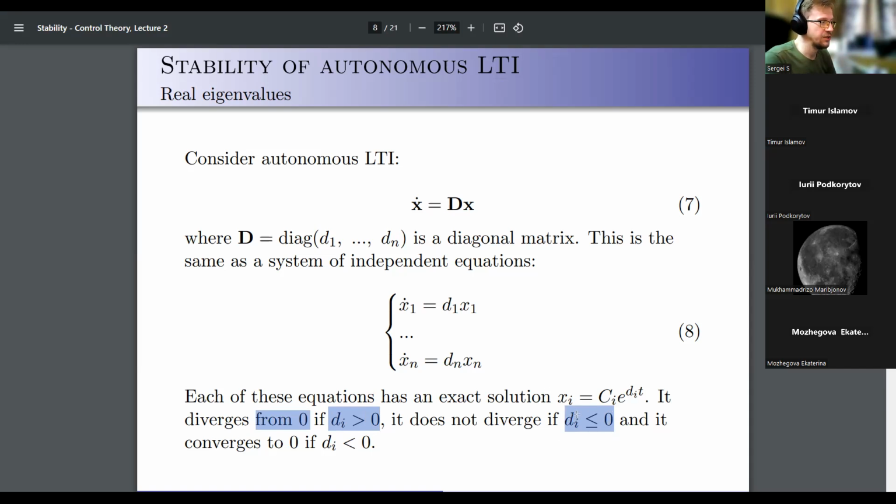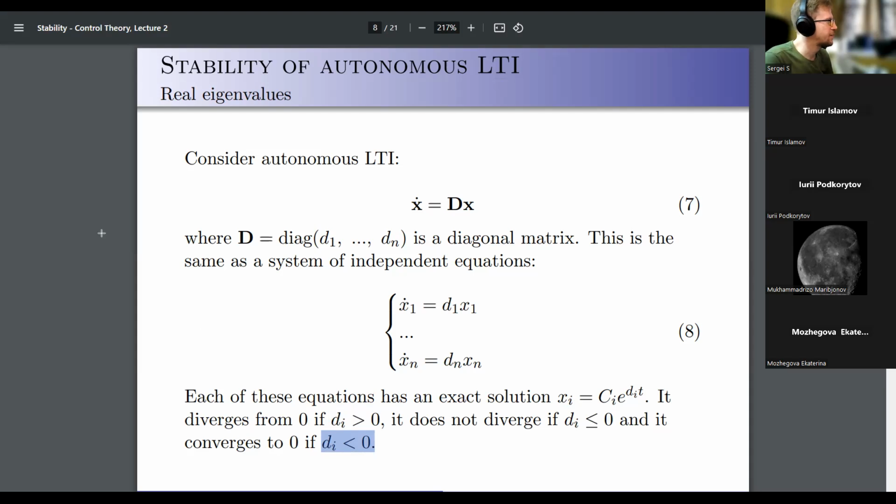For example, if d is equal to 0, then the solution would be x equal to the initial condition. And here it would be x1, for example, equal to 0. That was the first example. And even more specifically, if d is less than 0, it converges.